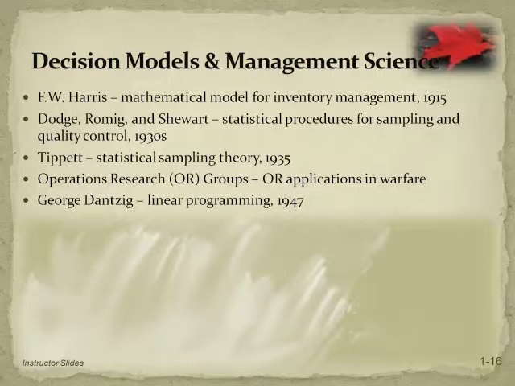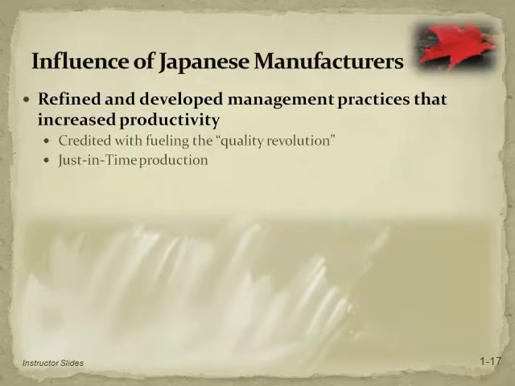And we'll talk a little bit about George Dantzig and the linear programming models that he gave us. The Japanese have also influenced to a significant amount the way in which operations management is done today, beginning with the quality revolution that took place in the 1970s and the 1980s, beginning in Japan and then eventually going all over the world.